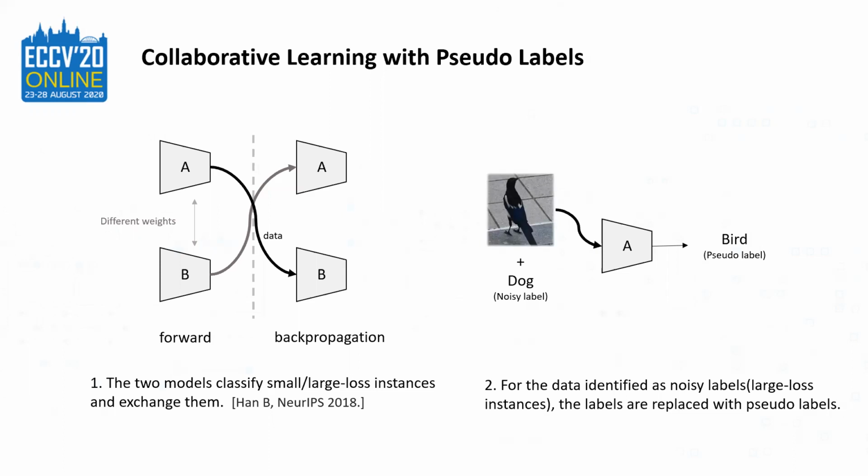They divide mini-batch inputs into small loss and large loss instances. This makes use of the trait that a deep neural network learns the correct labels first when training with noisy labels.